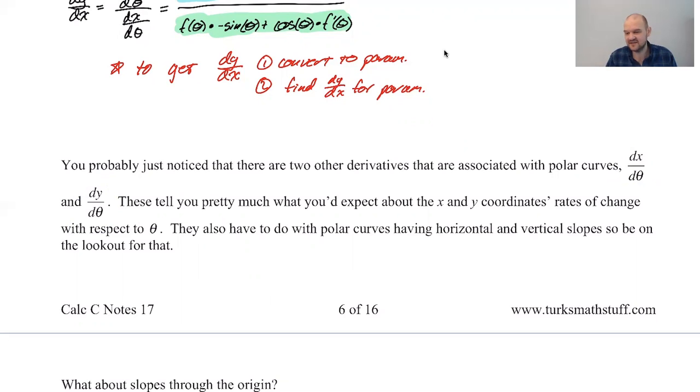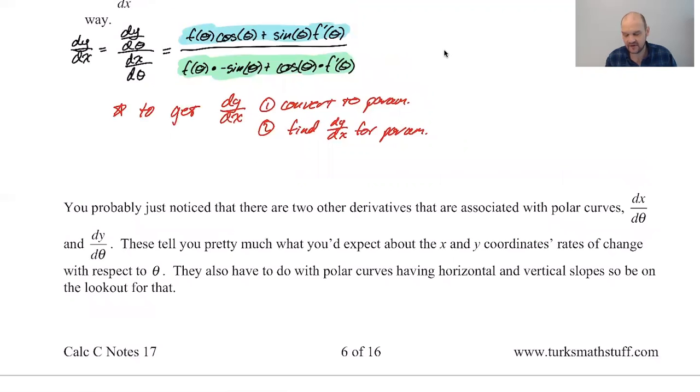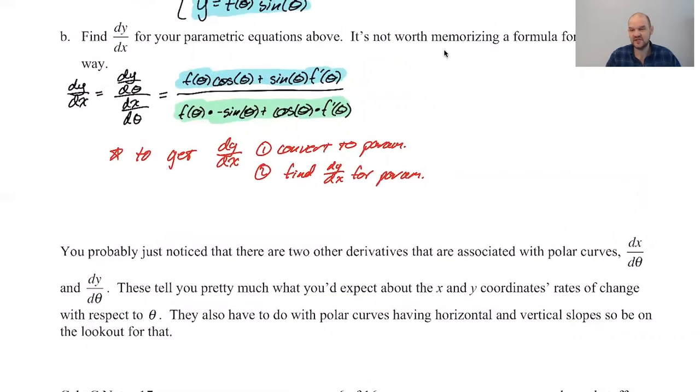Vertical means dx d theta is 0 while dy d theta is not 0. We can find dy dx in general. And remember, dr d theta has nothing to do with the slope of a tangent line. It's about whether you are getting closer to or farther from the origin, but that's in relation to whether r is positive or negative. So there are a lot of different rates of change with polar.